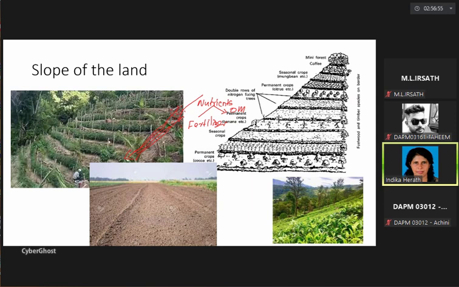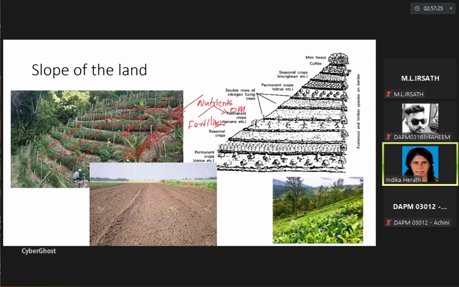What happens if we have a contour planting system, right? If the slope is in this direction, planting is done in the other direction. Think about a situation where we do planting in this direction. Then the water will carry all the particles down.